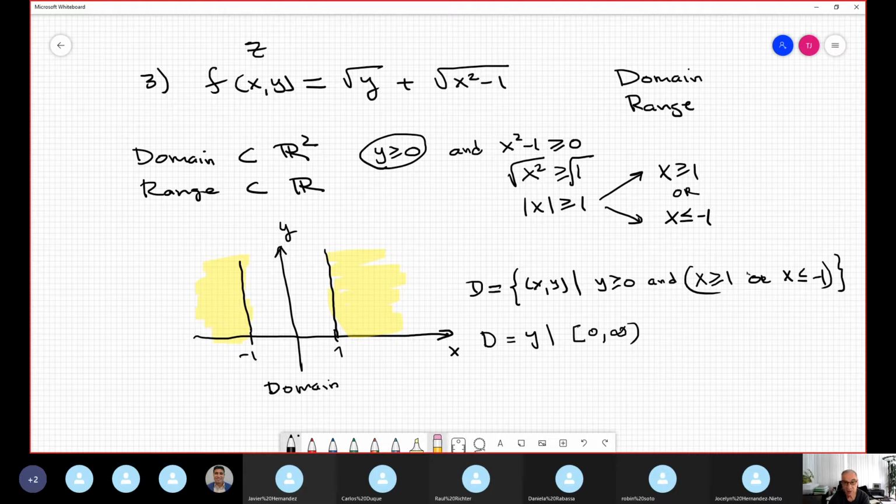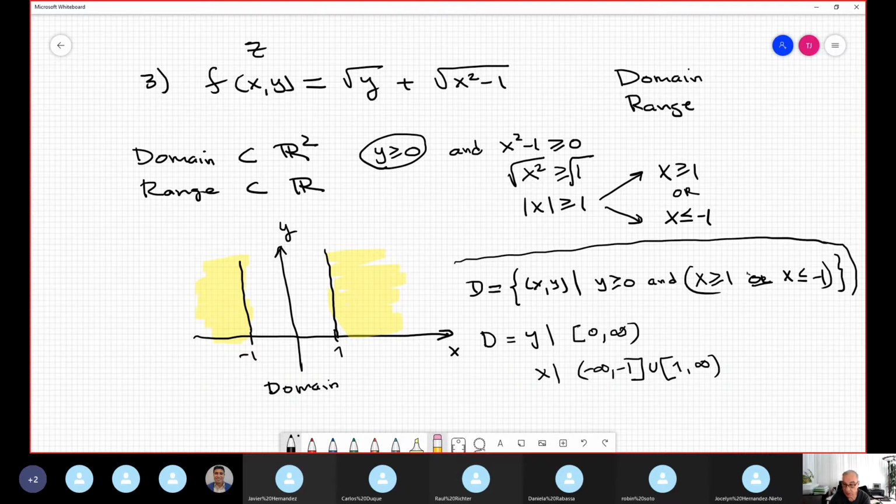And also x such that x varies from negative infinity to negative 1, including negative 1, union, which is equivalent to saying or, 1 to positive infinity. Okay, this is another way using interval notation, but they want it in that way. Okay, it's much better in Calc 3.